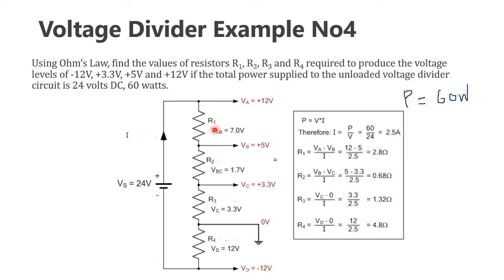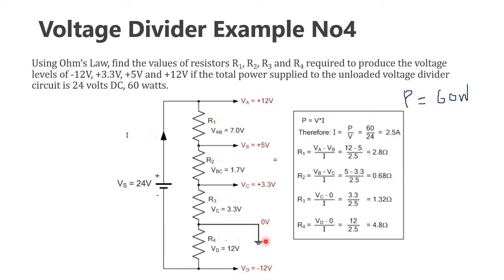So to find the R1, here the R1 is connected in between these 2 tapping points, point A and tapping point B. So the voltage in the tapping point A is plus 12 volts and the voltage of the tapping point B is plus 5 volt. These two voltages are calculated with respect to ground voltage.